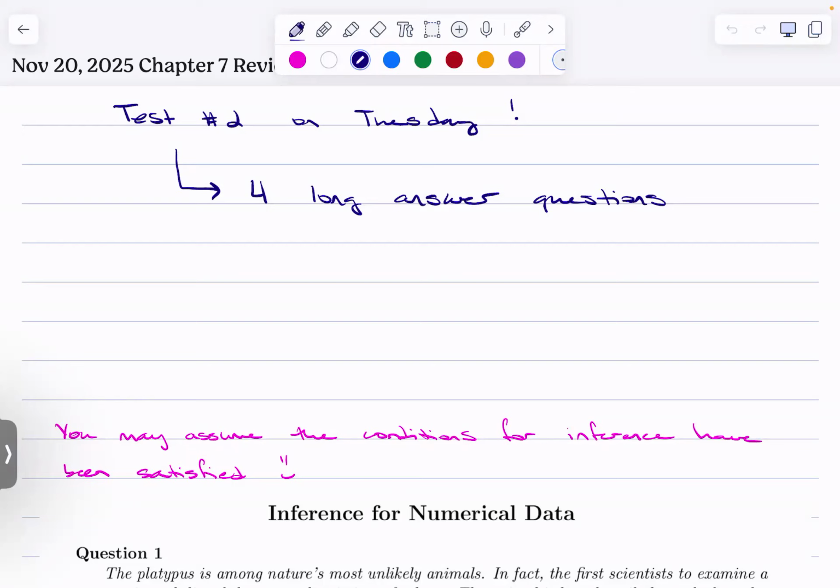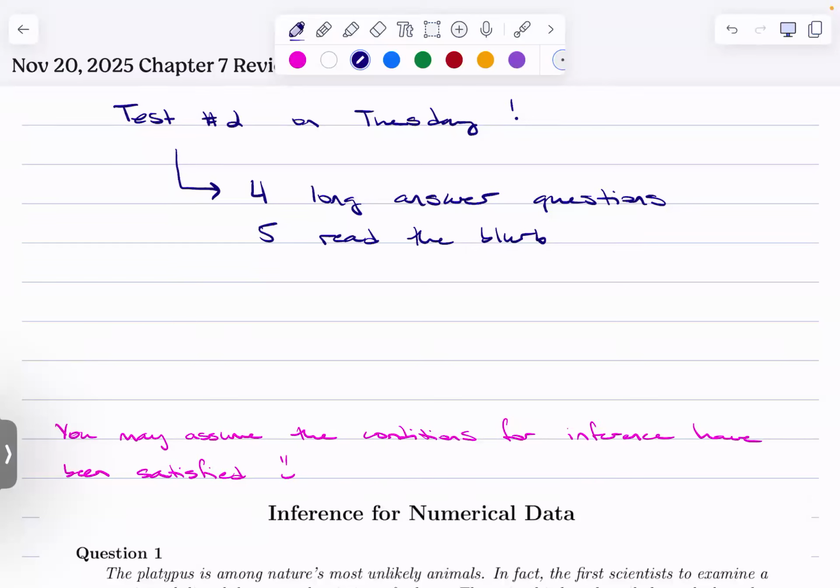Okay, and so then 5, I'll just say read the blurb. Is that a real word? Read the question, I guess. It's not a question though, you don't have to answer it.